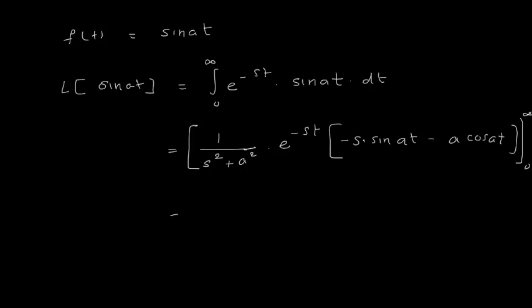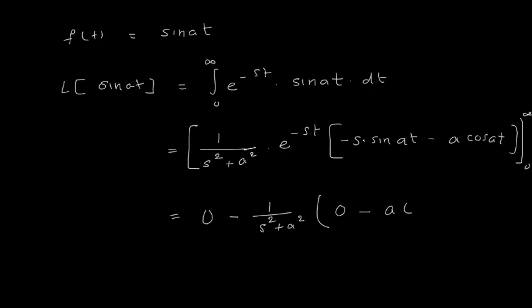Now when we put infinity, it becomes e power minus infinity, which is 0. So 0 minus, here when we put 0, e power 0 is 1, so it is 1 upon s square plus a square, and inside the bracket when I put 0, sin 0 is 0, so the first term is 0, minus a into cos 0 is 1.